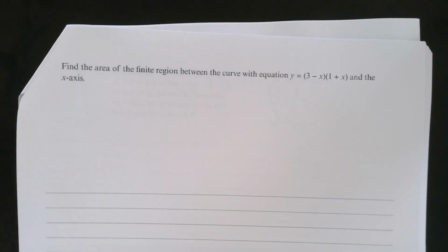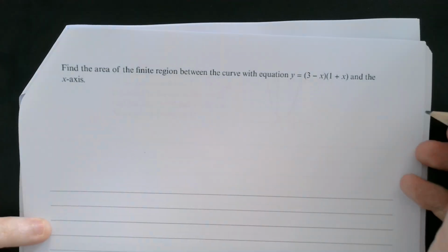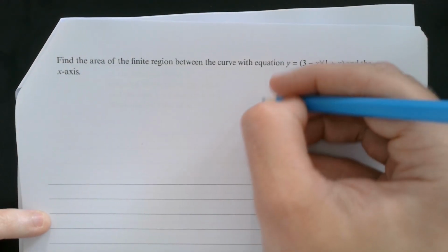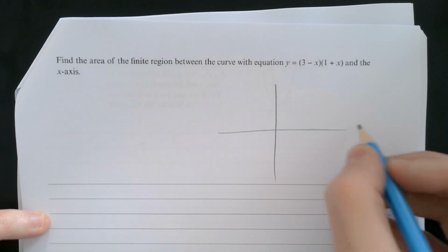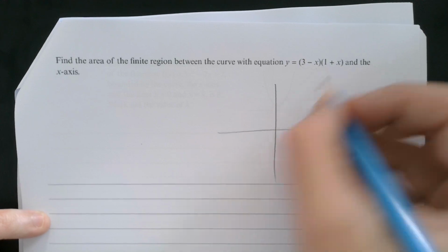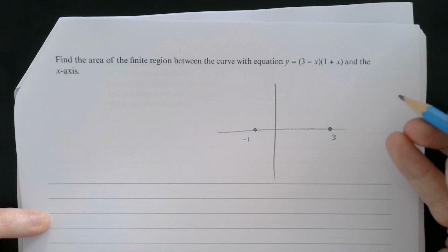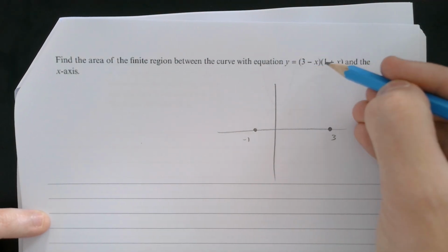This question is slightly more difficult because it hasn't given you a graph. I've given you a little gap here to draw a graph. So it's just a quadratic, so it's going to cross at 3 and minus 1. And then 3 times 1 is 3.